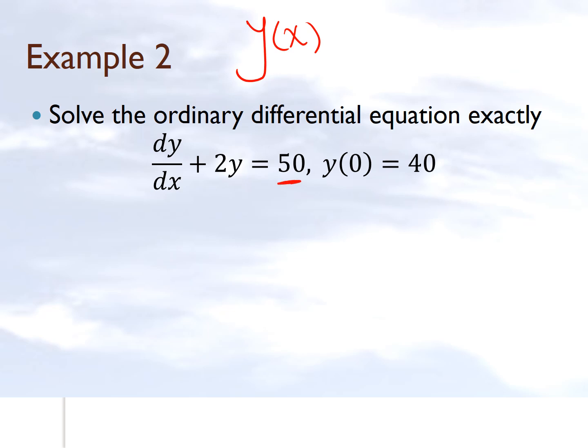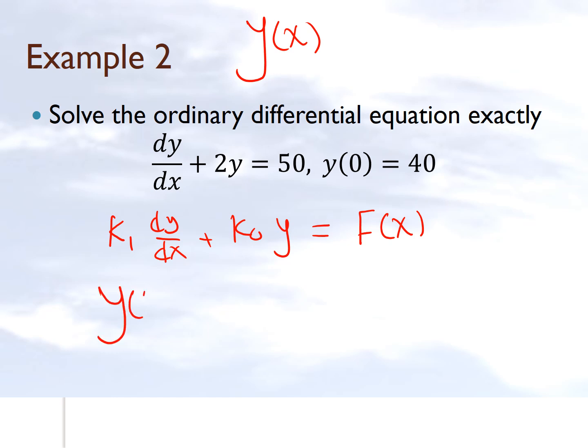And you can see that the right-hand side is a constant. Comparing to the nominal form, we have k1 dy/dx plus k0 y equal to f of x, where x is our independent variable.